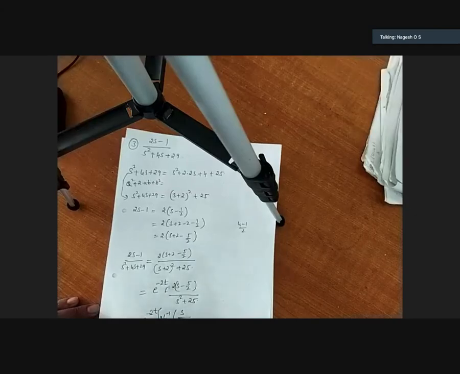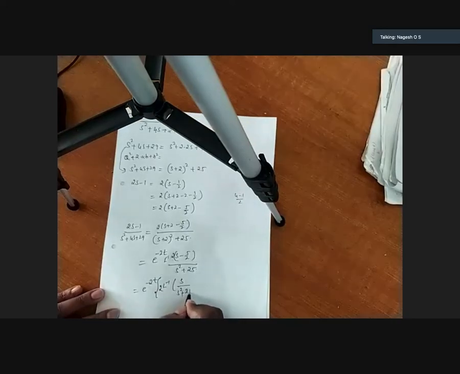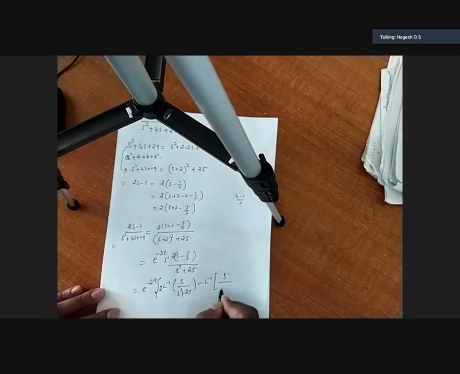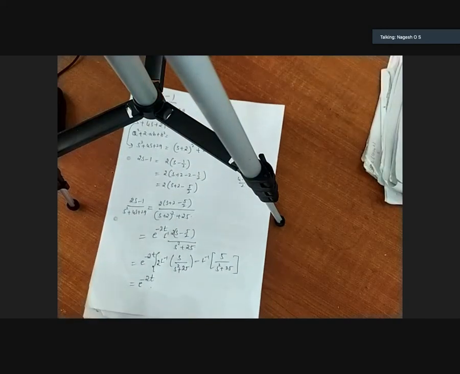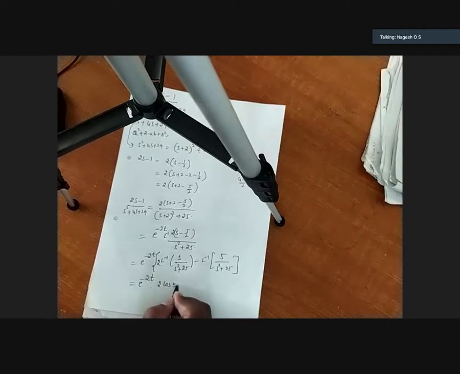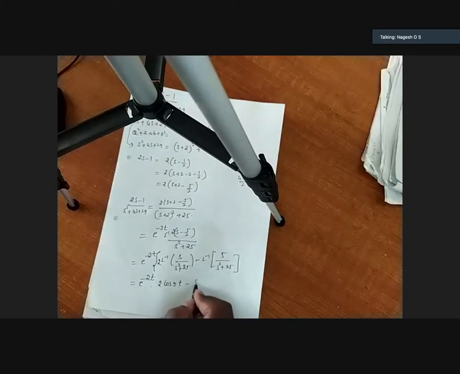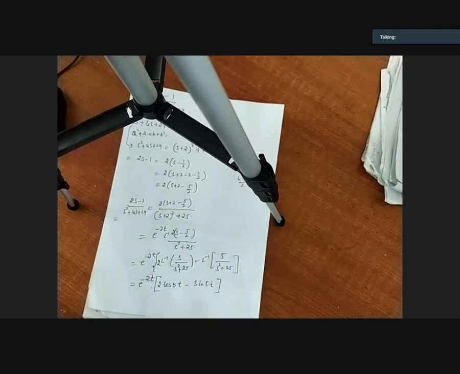L inverse of s by s square plus 25 minus L inverse of, if you multiply this inside, 5 by s square plus 25. e power minus 2t, L inverse of this is cos, a square means 5 square, cos 5t minus L inverse of this is sin 5t. This is the answer.